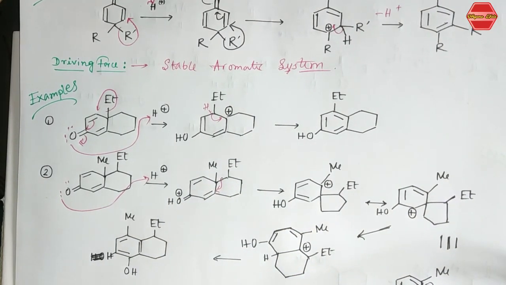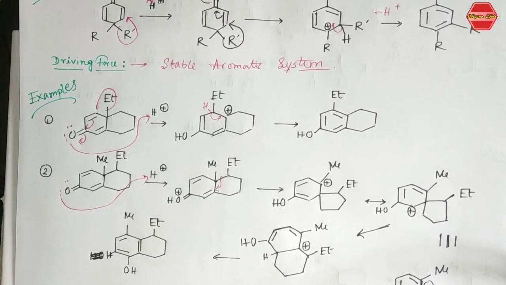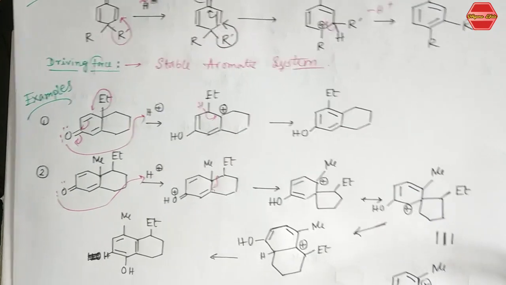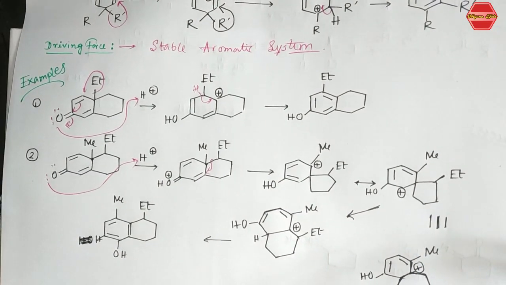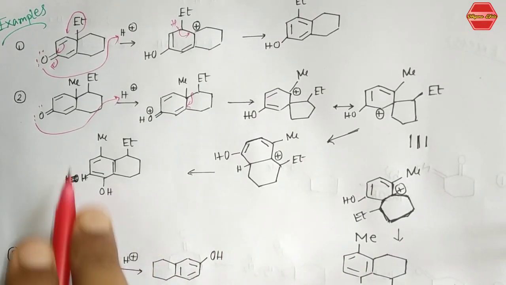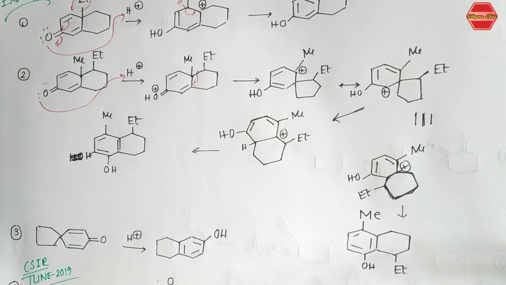And why does this bond migration take place in preference to this methyl group? It is because it can further rearrange to get this isomeric product. From here you are getting two different kinds of product, either this one or this one. So these two products are isomeric to each other.